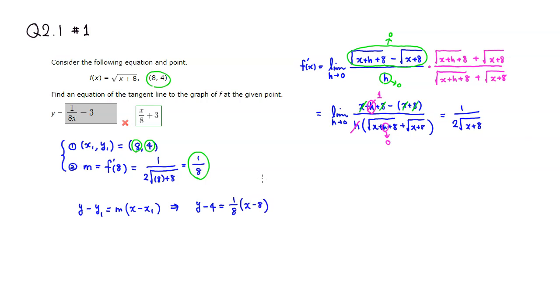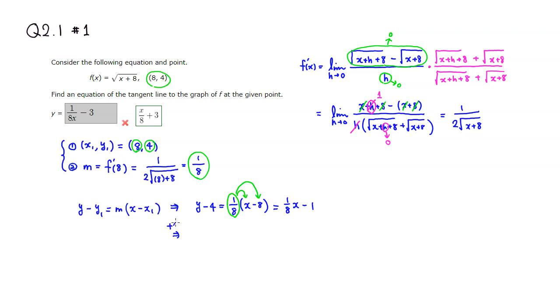Then we can simplify. We can distribute 1/8 to x, we get 1/8 x, and we distribute the 1/8 to -8, which gives you -1. If you want to isolate the y, you have to get rid of the -4.